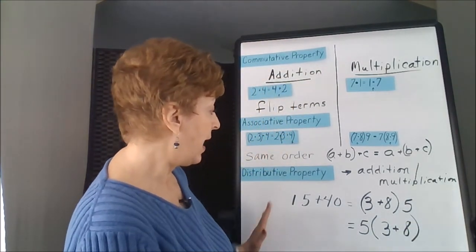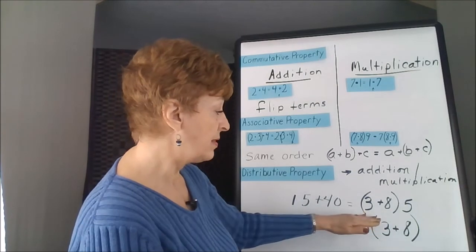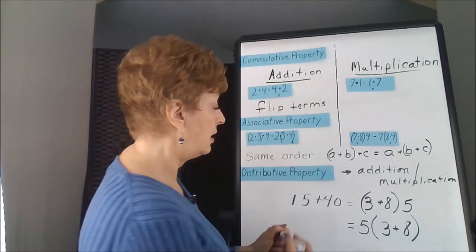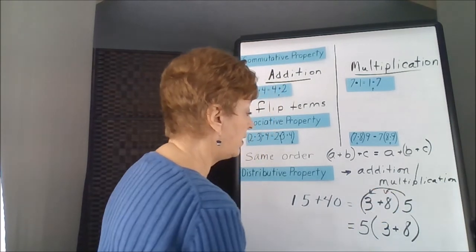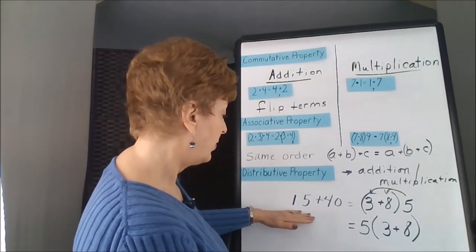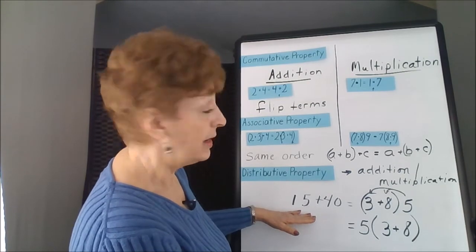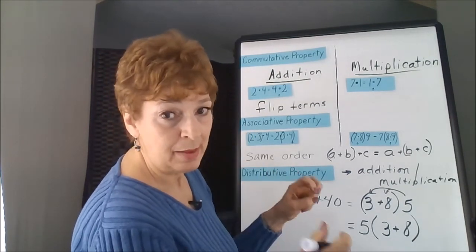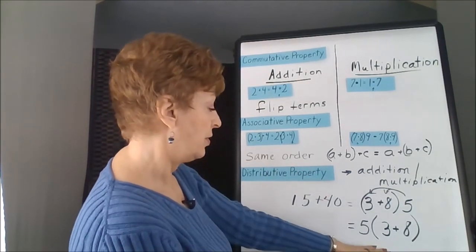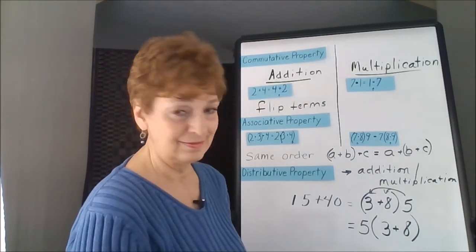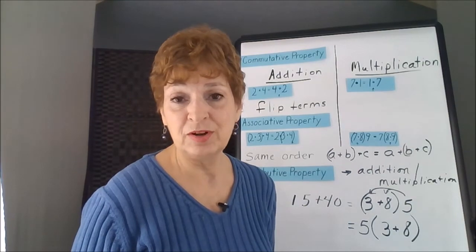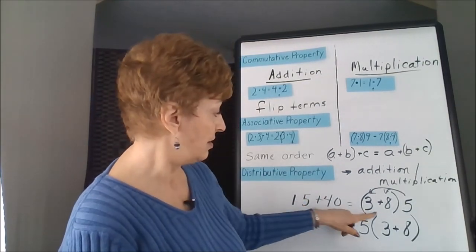So we can go back and forth from the parentheses and actually multiply. That's the distributive part. Or we can take the numbers themselves and rename them into its parts. Distributive property of multiplication over addition.